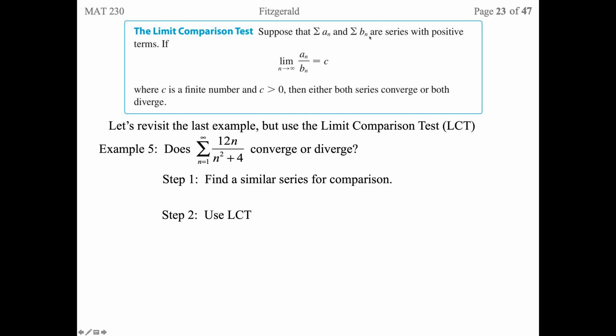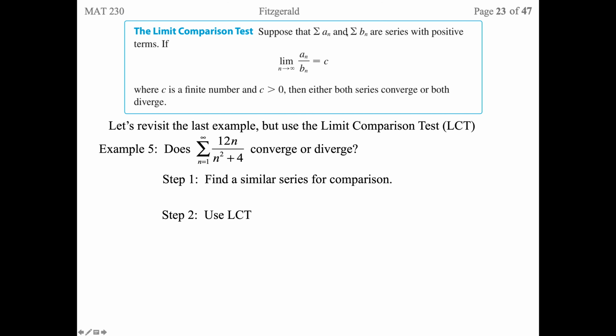But if you take that series that you made the comparison with, and now we divide it into the original sequence function, we take the limit as n approaches infinity, and if this equals a constant finite number, and that constant number is greater than 0, then either both series converge or both diverge.